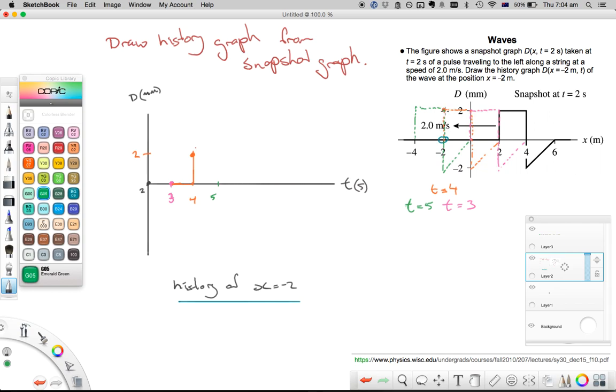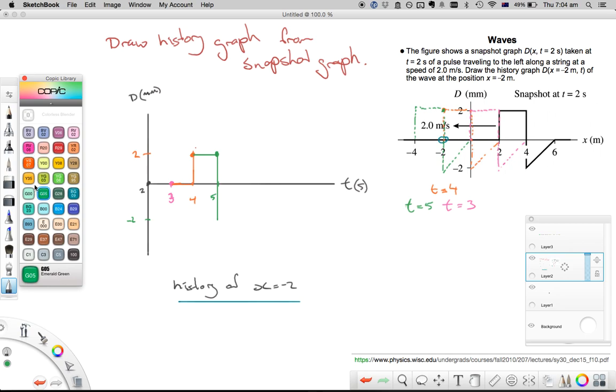So the point is at 2, but at the same time it's also at -2, so we're seeing a jump. In between, the point just stayed there as this whole pulse kept it that high, so we can join that up. That's time equals 5 seconds.